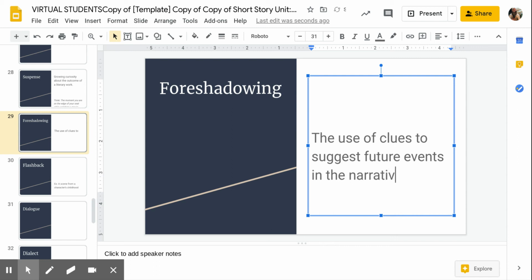It could be in the movie or in the poem. You see foreshadowing in a lot of different things. So it's just basically the use of clues to suggest future events. I think that's a pretty well-known word, but I just want to introduce you all to it.